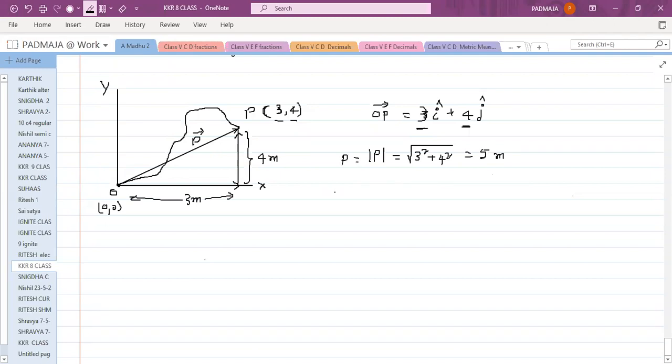Suppose this position vector makes an angle theta with the x-axis. Then the x component is given by P cos theta and the y component is given by P sin theta. This we have already discussed.